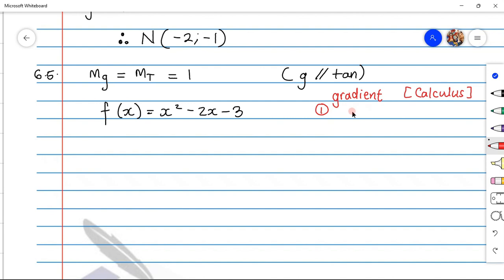So our step 1 would be to derive, so to find f prime. Our step 2 would be to substitute the x value of our point of contact. And our third step would be to simplify.